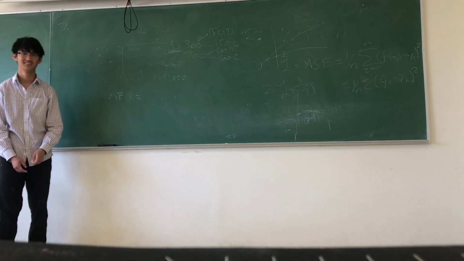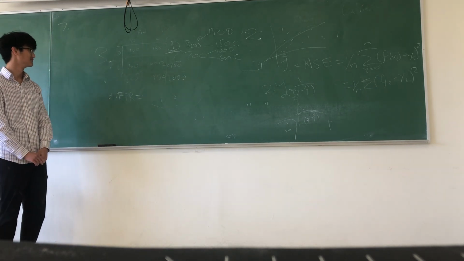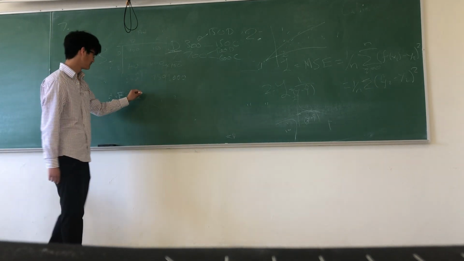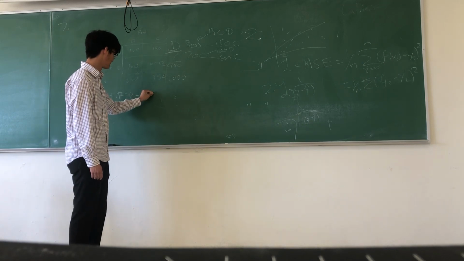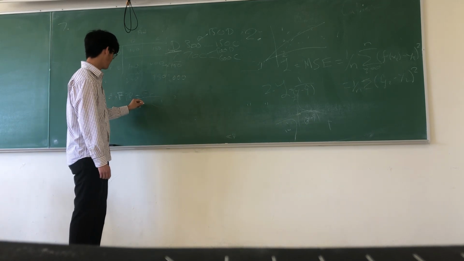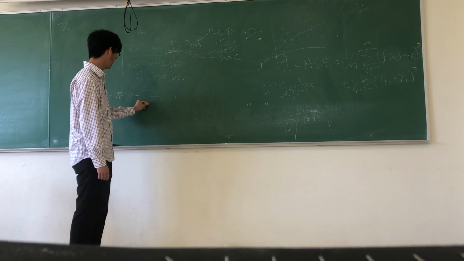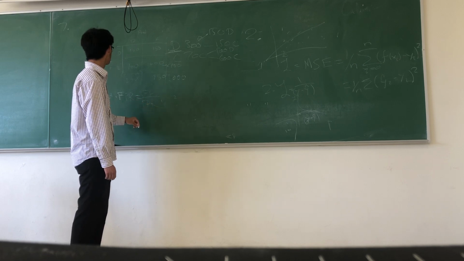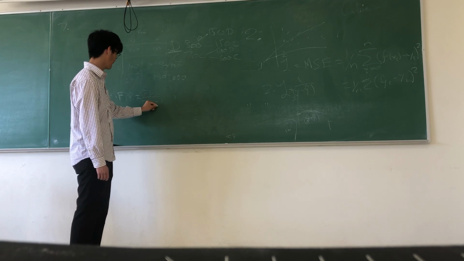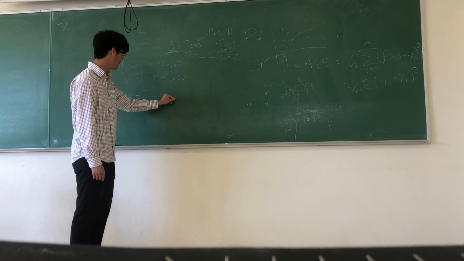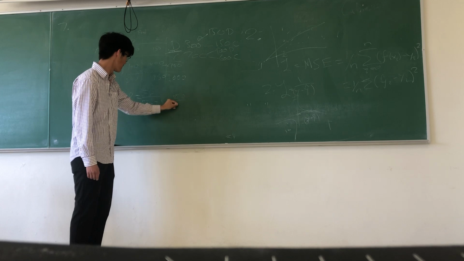It should be the number of false positives over the number of negatives. So I think that's 150 over 750. Okay, so we think it's false positives over false positives plus true negatives. So we have 150 over 750.